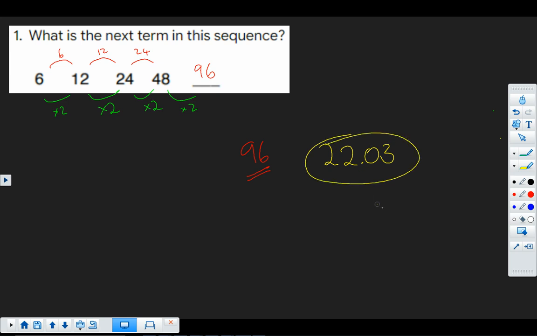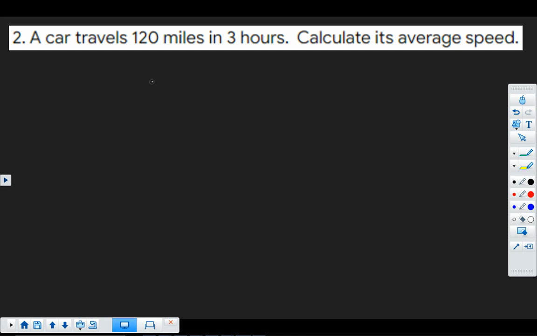22.03. Now, we've spent a lot of time in our 5-a-day exercises worrying about units, and our unit for speed that we know day to day is miles per hour. Miles per hour. And per means for every 1 hour. So how many miles do we do in 1 hour?